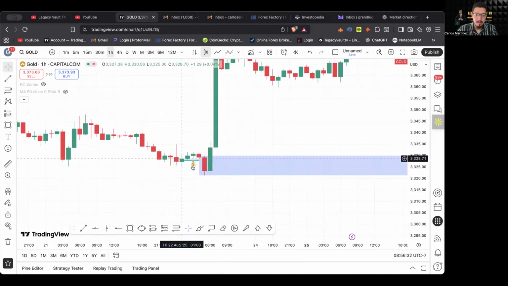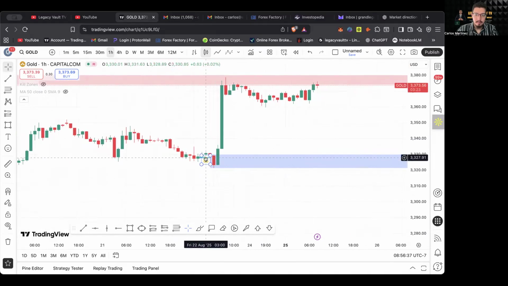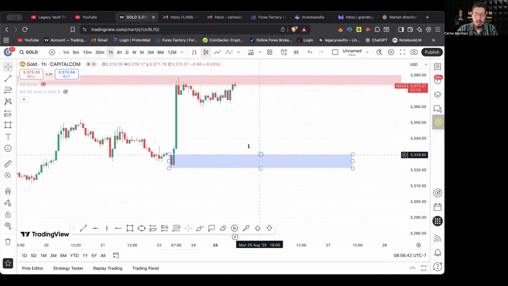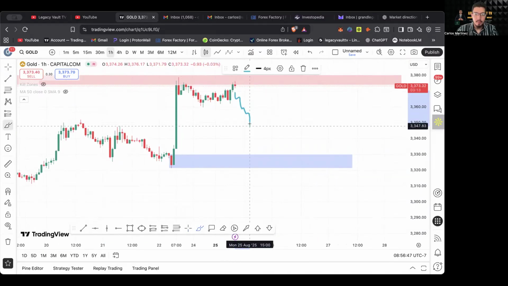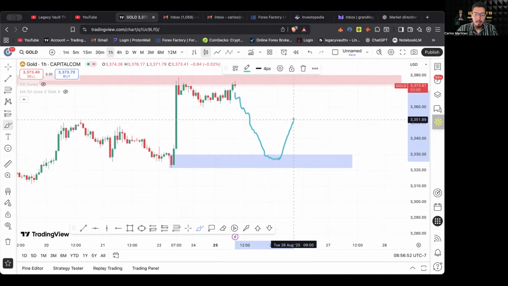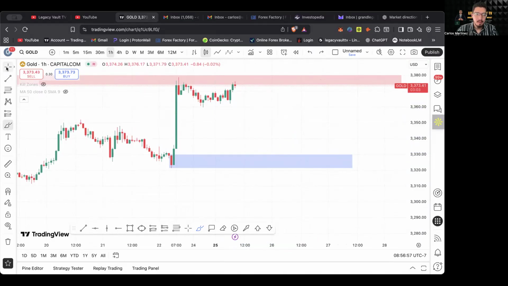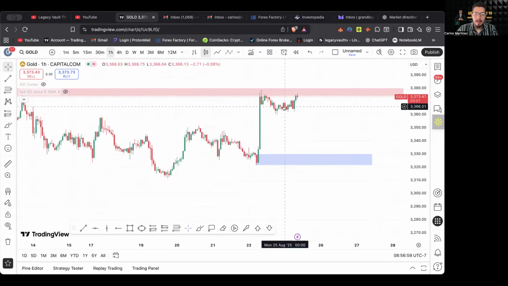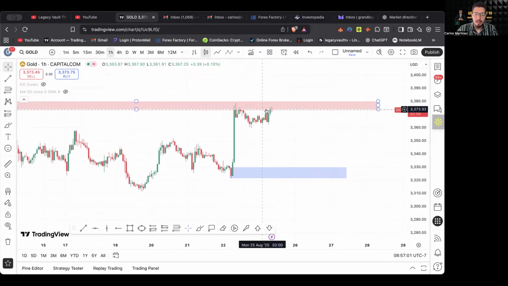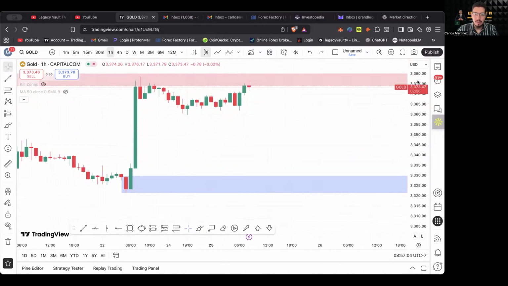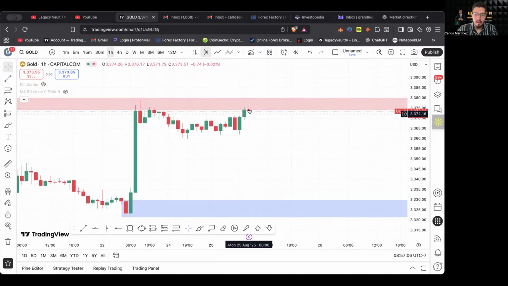There's high buying pressure. And price will eventually come down to fill this gap and retest this area before the continuation to the upside. So right now it's testing the supply zone here. You see price is currently testing this area here.